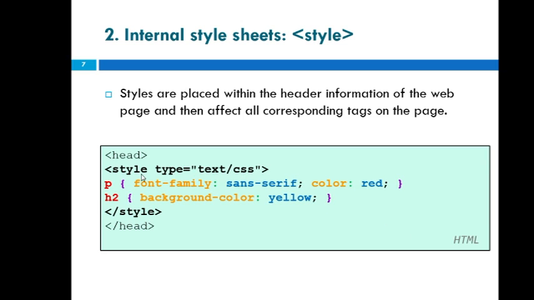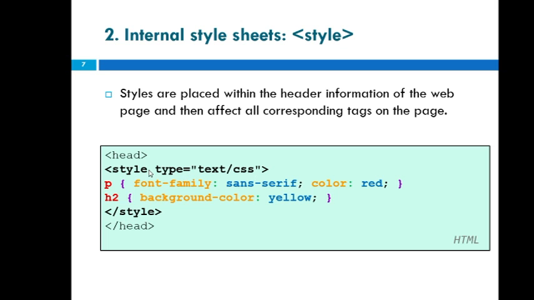So the CSS code is written in between head open and head close in case of the internal style sheet. So this is the syntax, or this is the rule. For that, we have to write the style, then the type of the file is text, and it contains the CSS code.